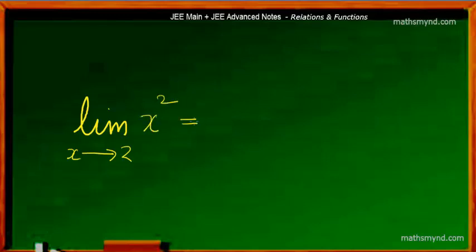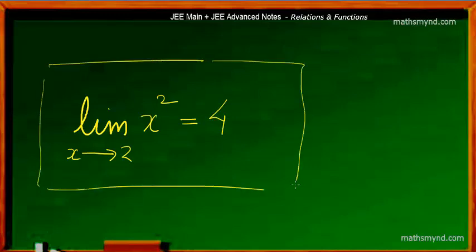The point is what happens when x tends to, or approaches, 2. When the input value is extremely close to 2, we get a value which is very close to 4. This is how you represent this particular case, and that's the mathematical expression for it. Thank you.